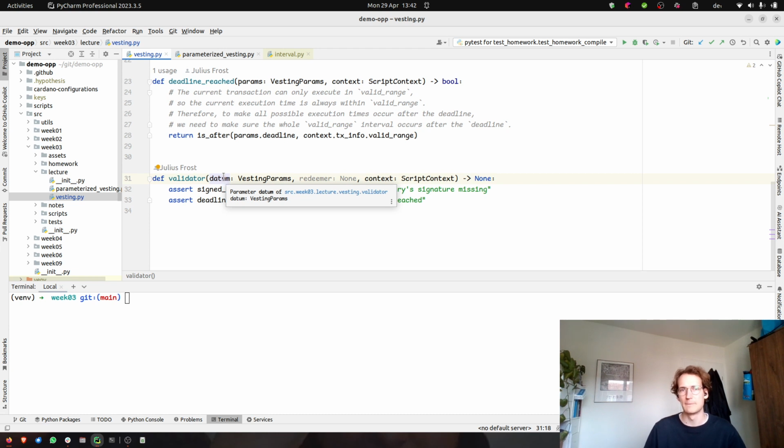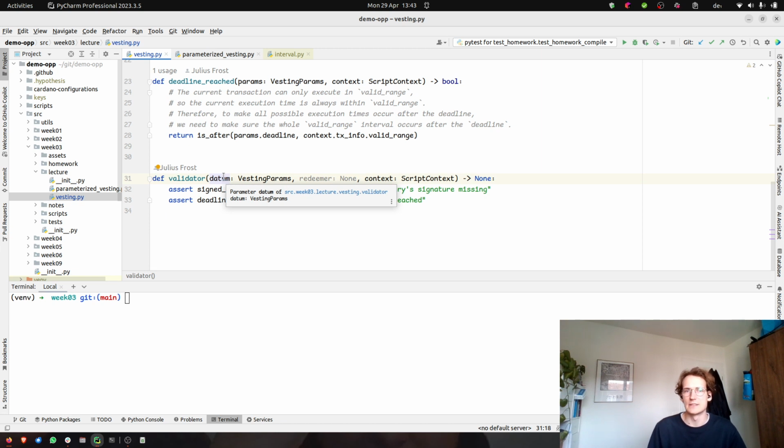Now, what's also possible is that this is not actually done during usage of the contract, but you can already specify these parameters at compile time. So when you build the smart contract, you already specify that all the funds, regardless of which datum is attached, that go to this contract could only be unlocked by a specific person after a specific time.